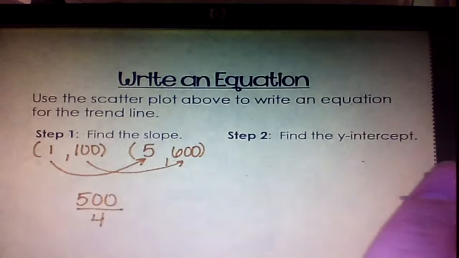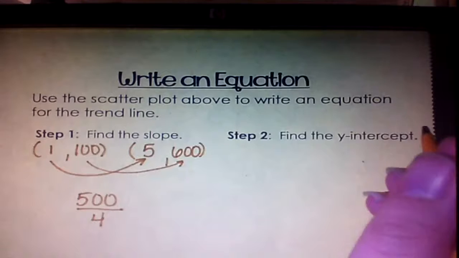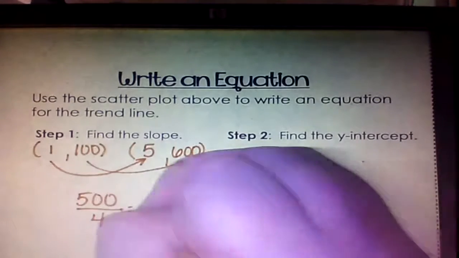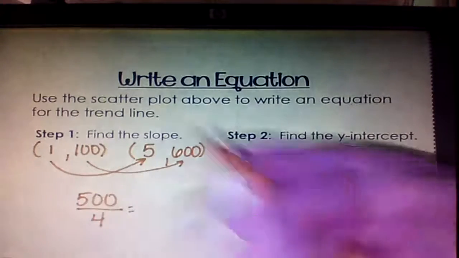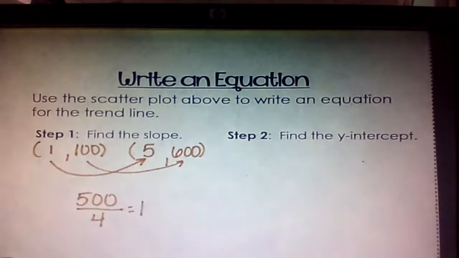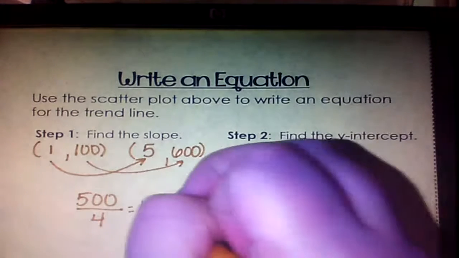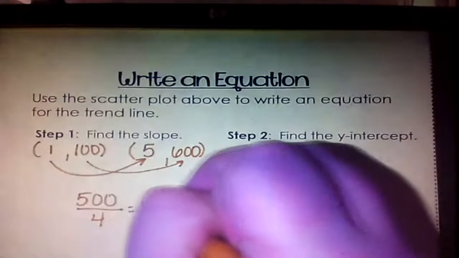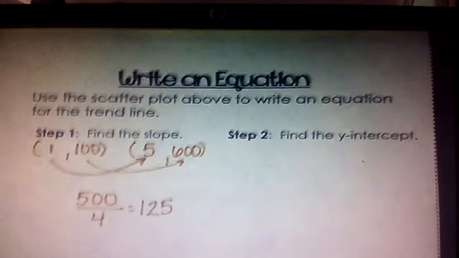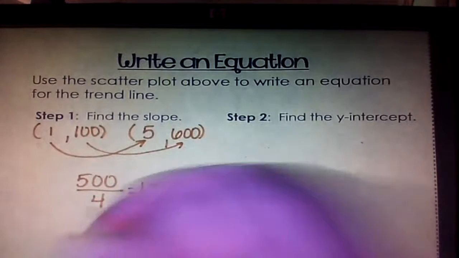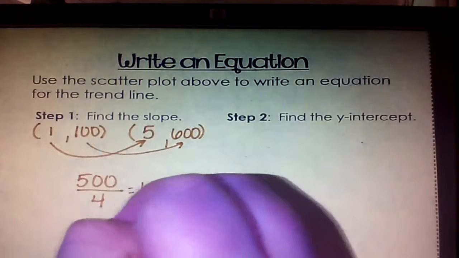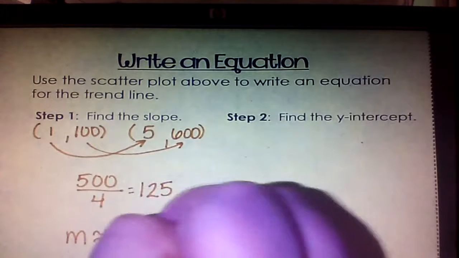Well, what's 500 divided by 4? No, it's going to be 125. Okay, so 125. So my slope is approximately 125.